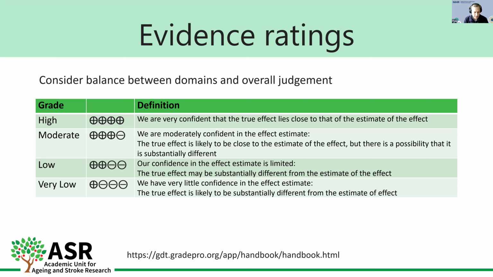So if you've got a number of borderline decisions, you might decide to downgrade for some of them and not downgrade for the others, and consider it in relation to this overall judgment that we looked at the start, and the definitions of them.